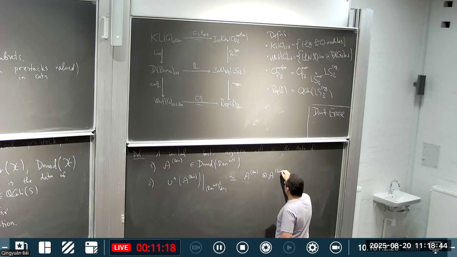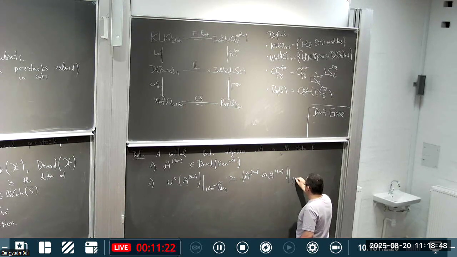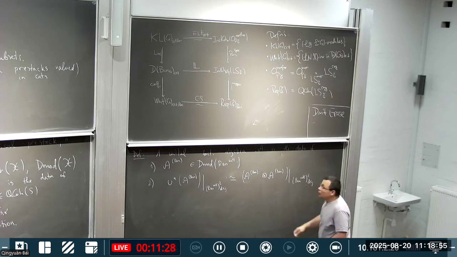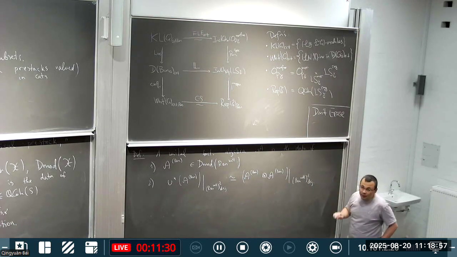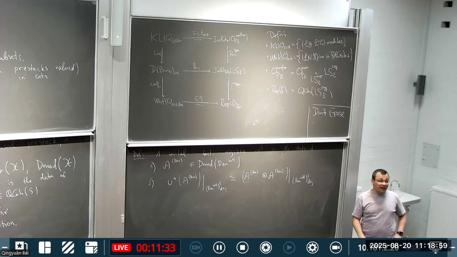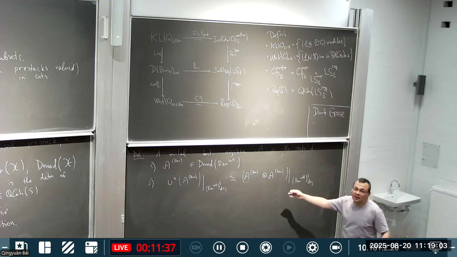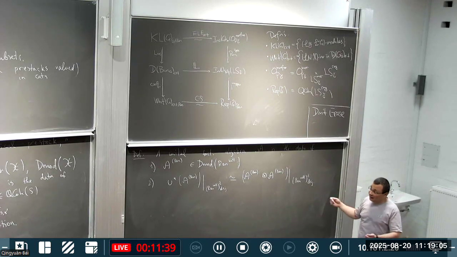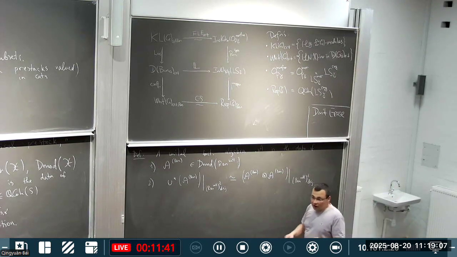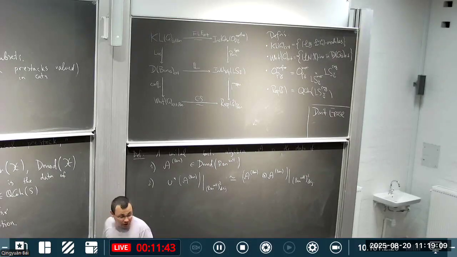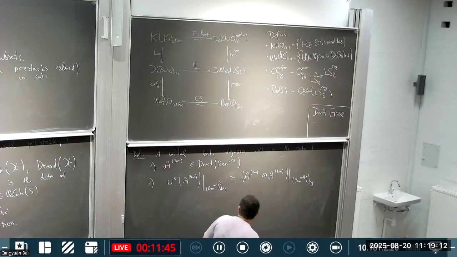I'm just writing exactly the same thing, but with unital. So that's the nice thing about this formalism: I get to make exactly the same definition, and it builds in, I claim, exactly what we want. But let's unpack that.